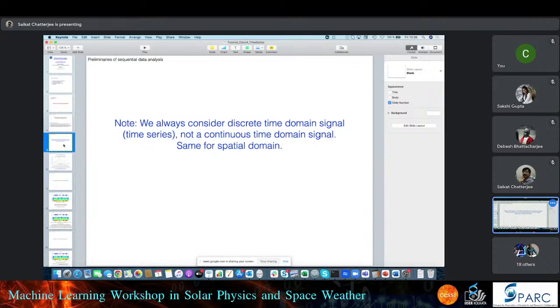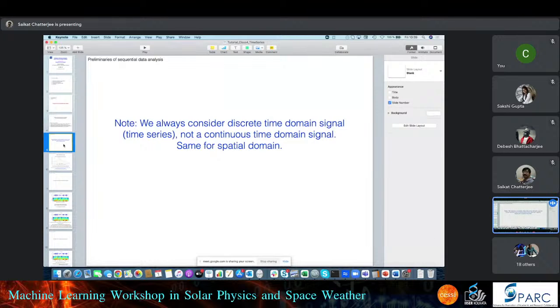Now, for my slides, I will always consider discrete time domain signals, with respect to sampling. I'm not considering continuous time domain signals right now because that treatment is a little bit different. Conceptually maybe the same, but still a little bit different.